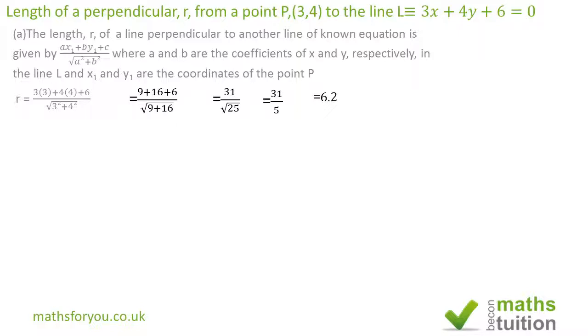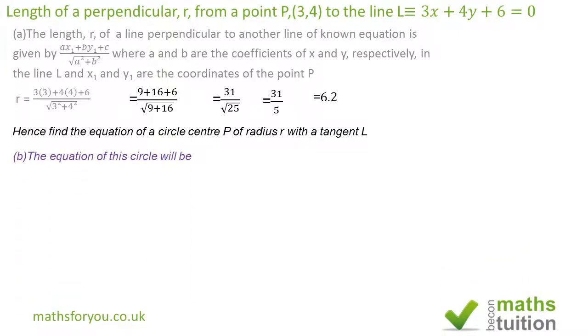Now, we can reasonably assume that because R is perpendicular to L and that R has a point 3, 4, R is the radius of a circle and L is the tangent to this circle. We now have to find the equation of this circle.